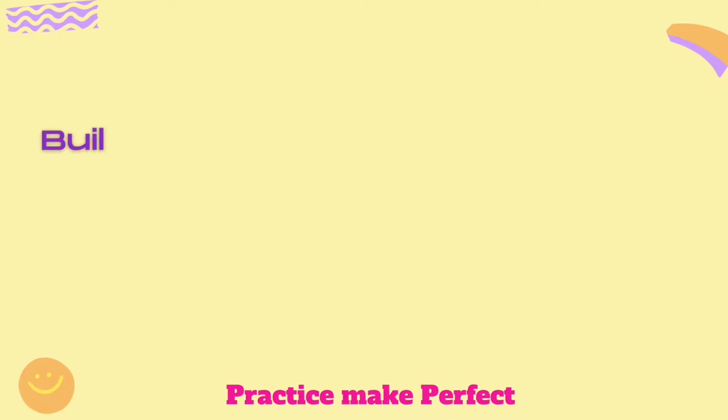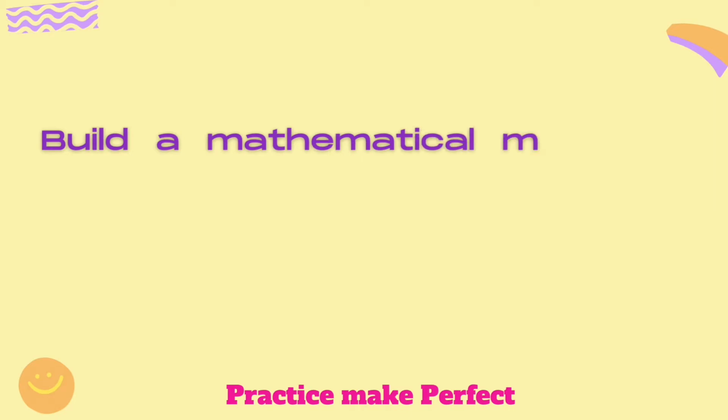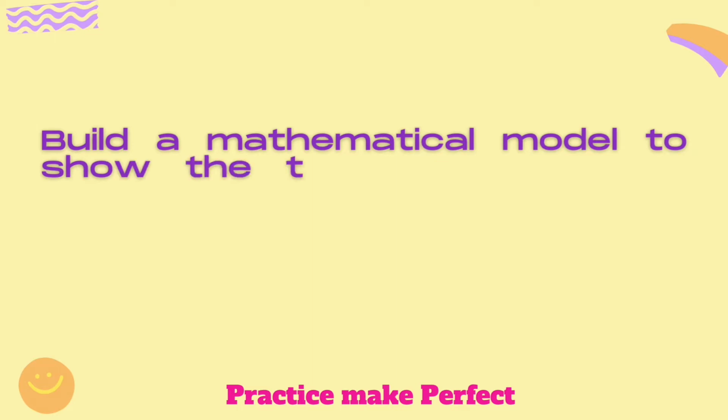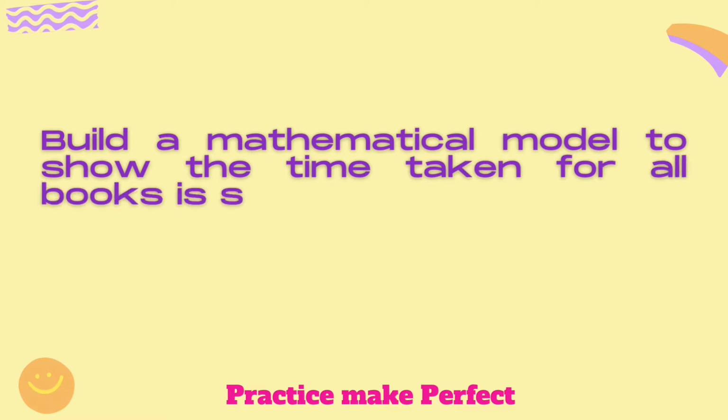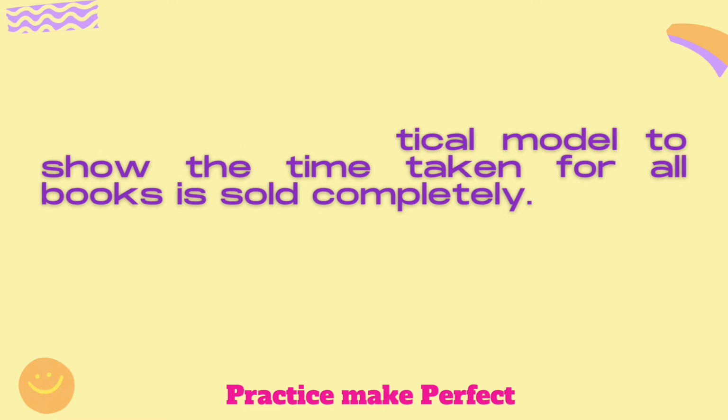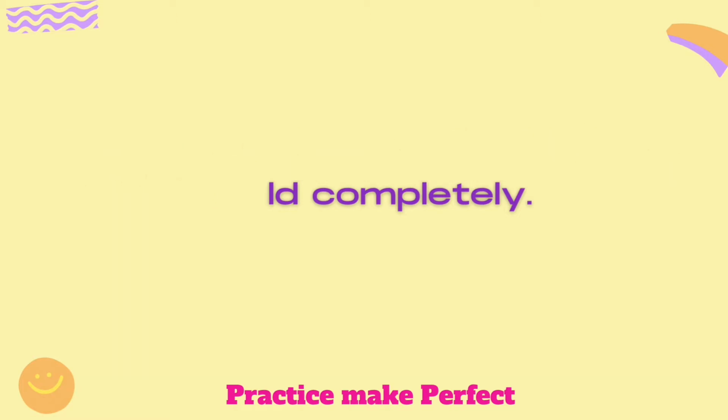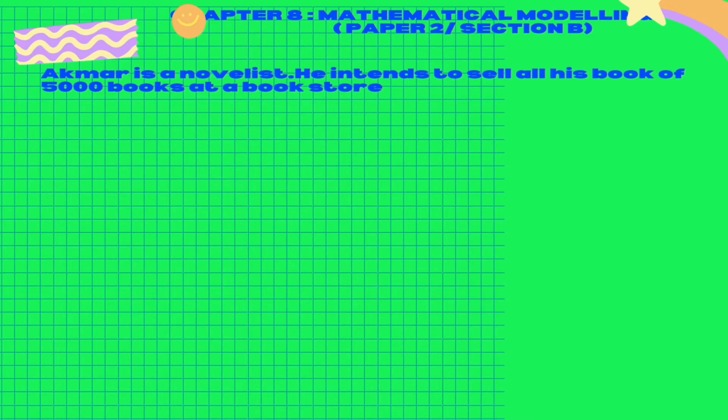Now let's build a mathematical model to show the time taken for all books to be sold completely. Still remember, there are many steps involved in building a mathematical model.